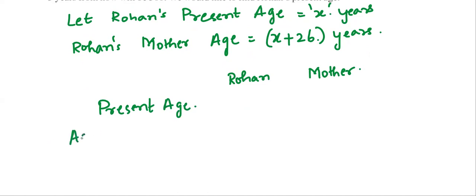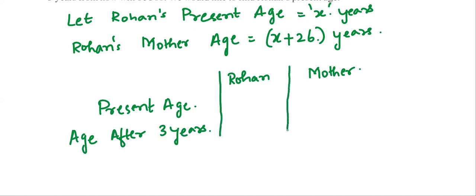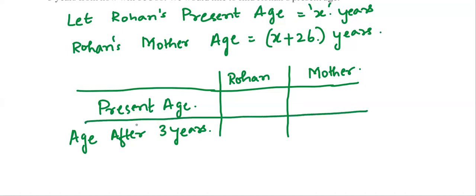So Rohan's present age is x and Rohan's mother's age is x plus 26.